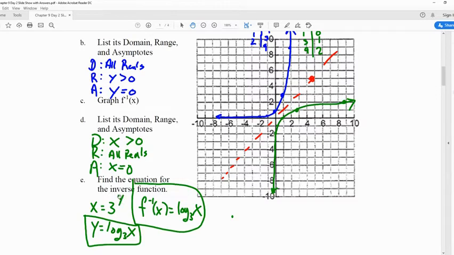The exponent is y, the base is 3, and the answer is x. So log base 3 of x equals y. Now that I have it as y equals, I can use the appropriate inverse notation: f inverse of x equals log base 3 of x. So that would be the second slide.